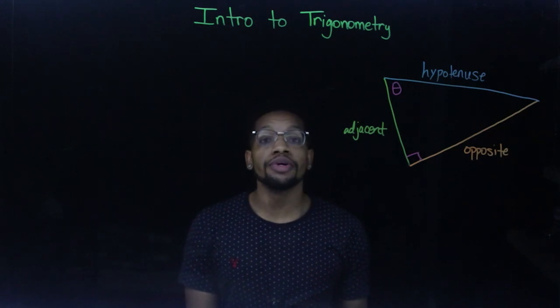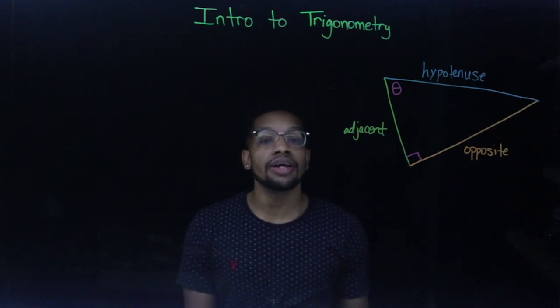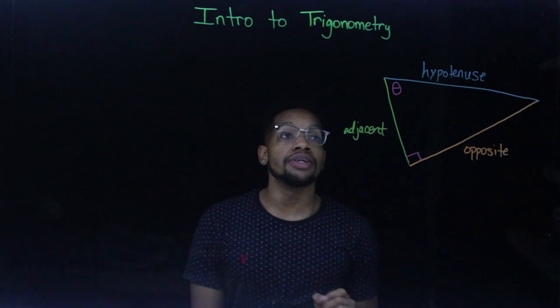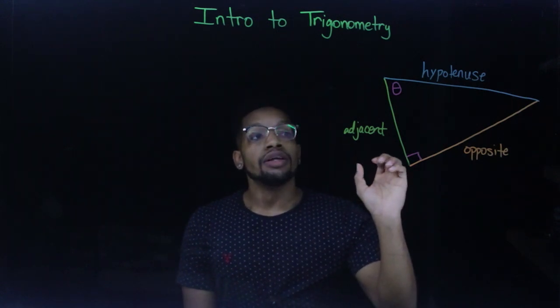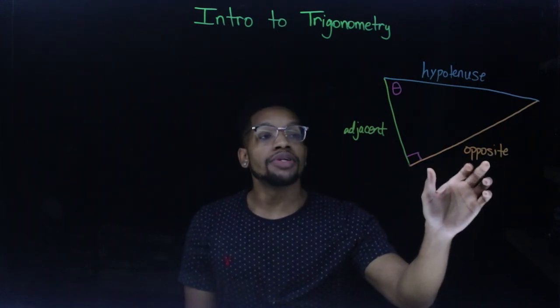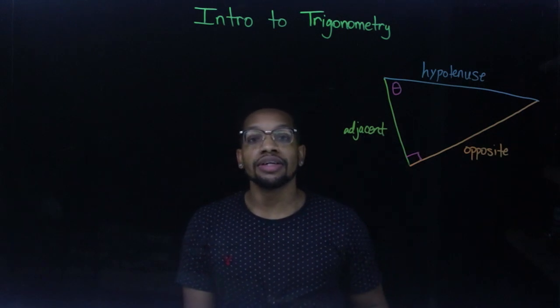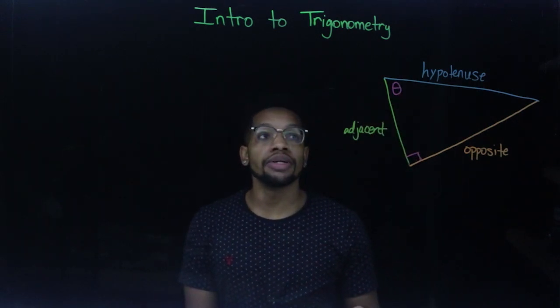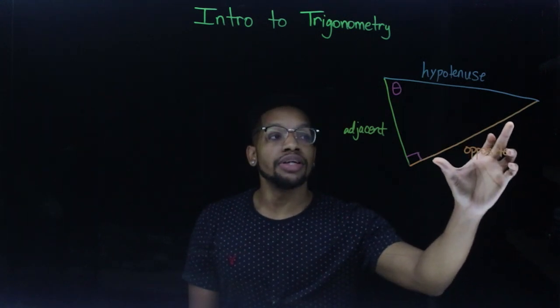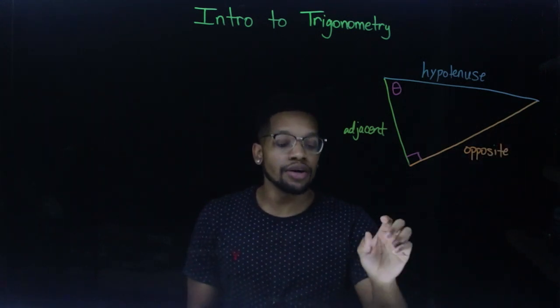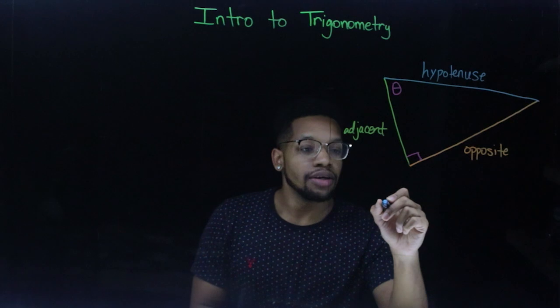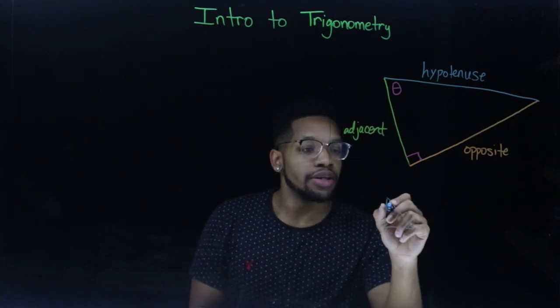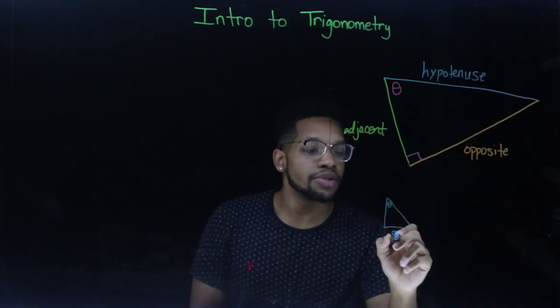You have to be really familiar with where these sides are and how to find them. I'm gonna tell you this. The way you figure out where the opposite is and where the adjacent is is always based on where theta is. I'm going to do some more examples in a little bit to show you that opposite isn't always on the bottom. You'll see some triangles where theta is right here, so this will be your opposite.